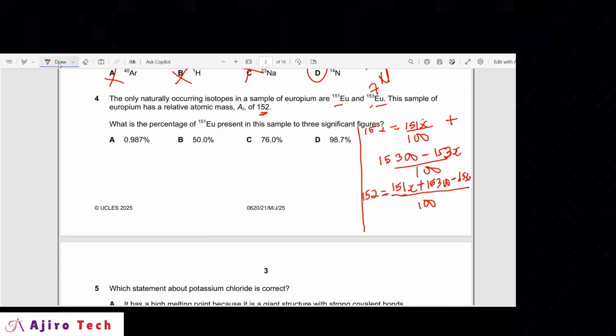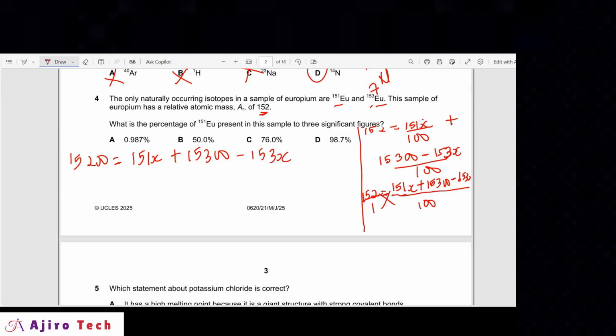This is like over 1. So cross multiplication, we're going to have 15200 equivalent to 151x plus 15300 minus 153x.